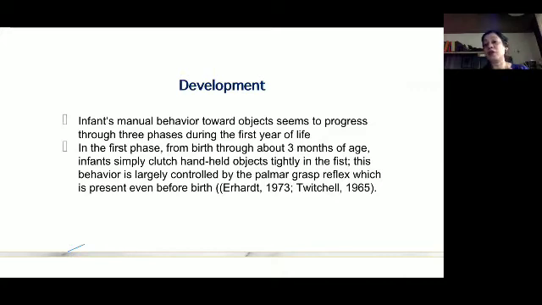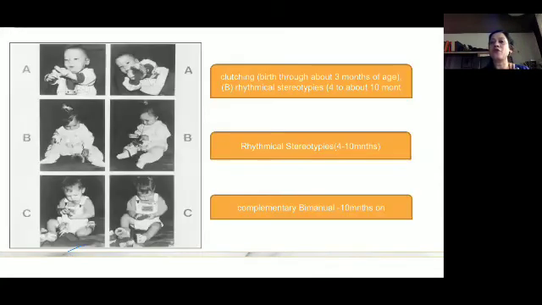Okay, this we are talking of something different. We're talking of the behavior of the hand towards the object happening in three stages. From birth to 3 months is clutching, clinging, pulling, making a fist. Coming to 4 months is rhythmical stereotypies, using both the hands in rhythm, in a stereotypical way. You look at them, they are doing things which are similar, and then complementary bimanual.